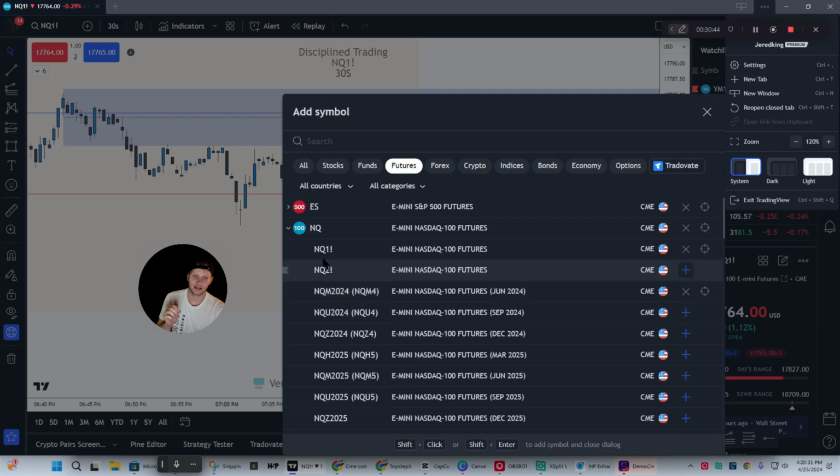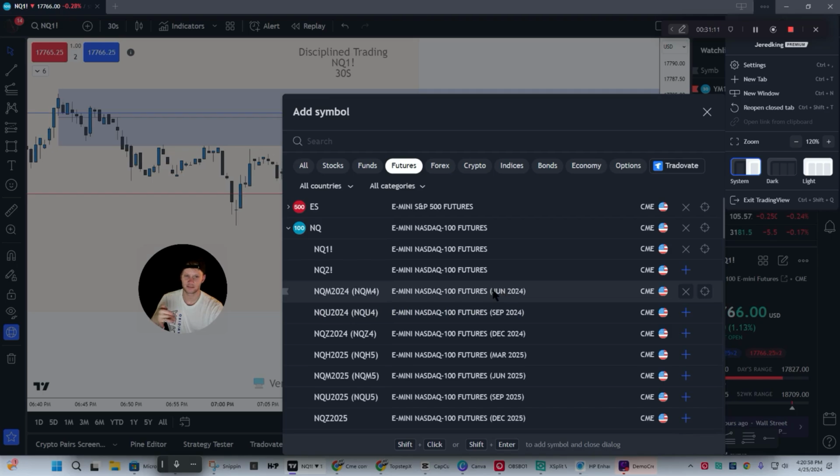And then right here, number 1 is the front month, which is the month that has the most liquidity. And then Q2 is the next month after that. So right now we're currently in the June contract. June, July, I guess September. Every 3 months. Let me correct that. So every 3 months the contracts expire.